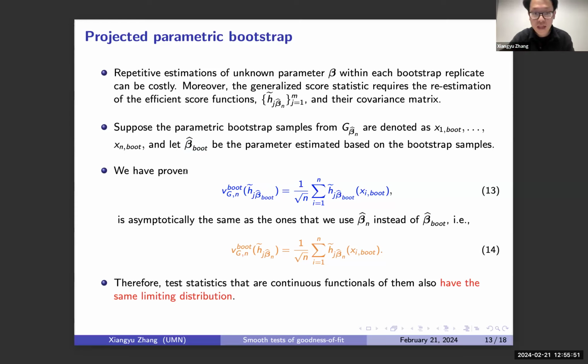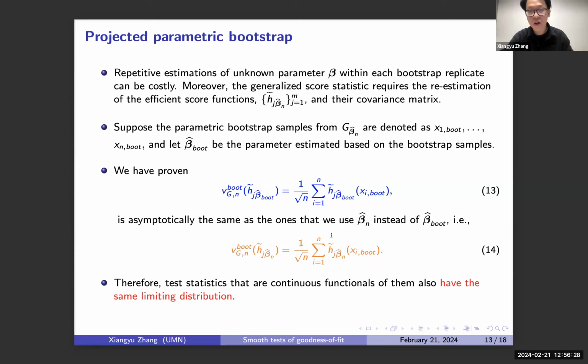What we have proven is that the process that uses the bootstrap samples and the parameters estimated from those bootstrap samples is asymptotically equivalent to the process that uses the bootstrap samples and the original estimates of the parameters, using the original samples.